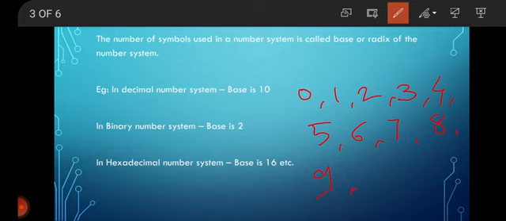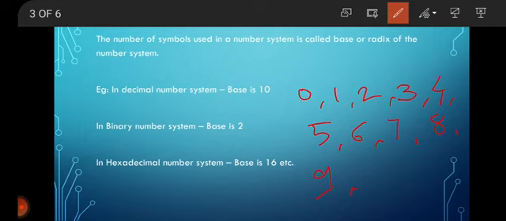That's it. So in the decimal number system we have 0, 1, 2, 3, 4, 5, 6, 7, 8 and 9. So here the total numbers are 10 in the decimal number system, 0 to 9. So therefore its base is 10.